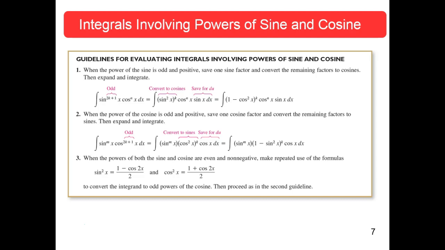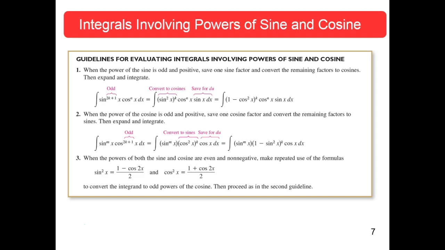Then expand and integrate. So this is an odd number, 2k plus 1 for any integer k. That's always odd, because 2 times k, whatever k is, is even. Add 1 to it and you get an odd number. And the cosine can be anything, to the nth power. Now, pull out one of these sine x.